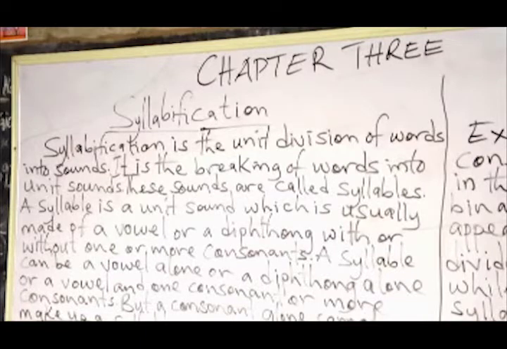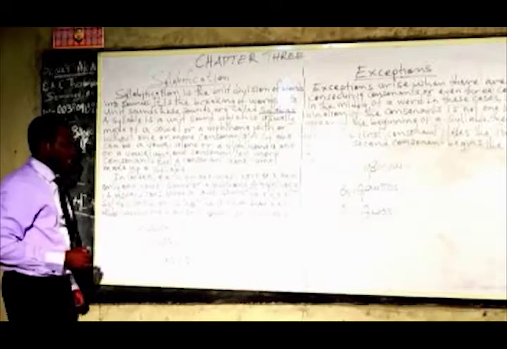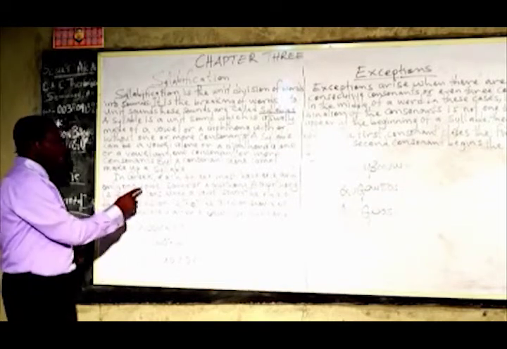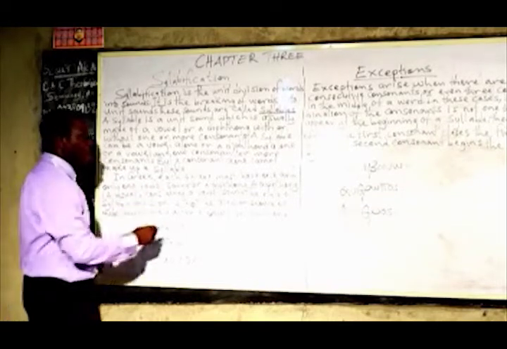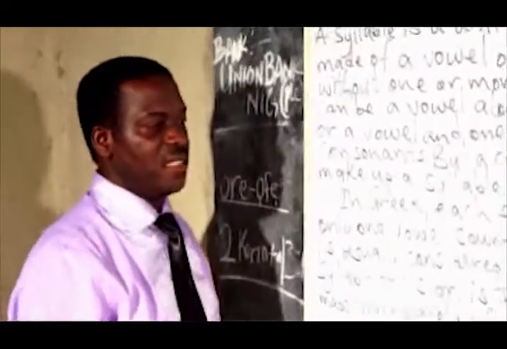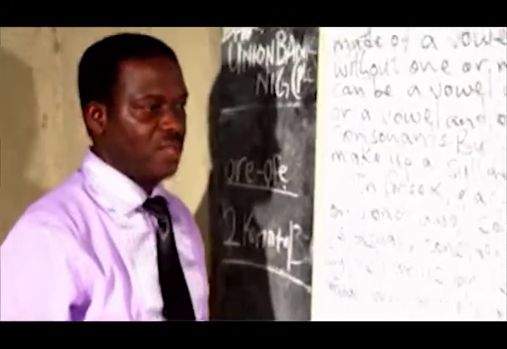But a consonant alone cannot make up a syllable. In Greek, each syllable must have one and only one vowel sound or diphthong. A diphthong is usually considered a vowel sound.